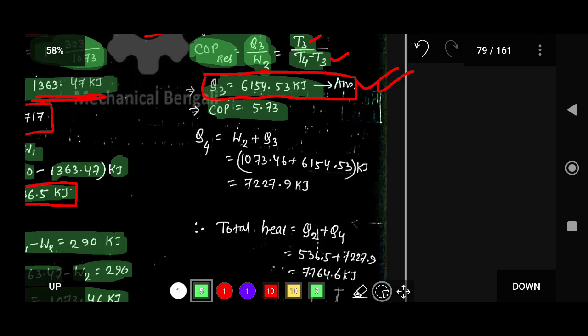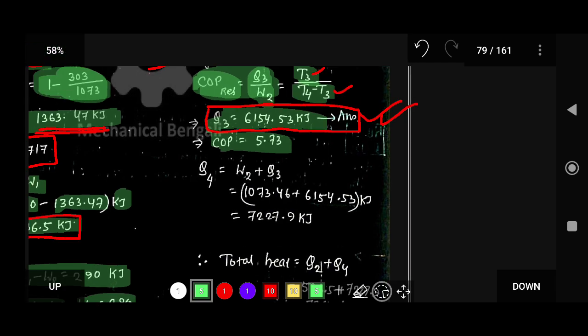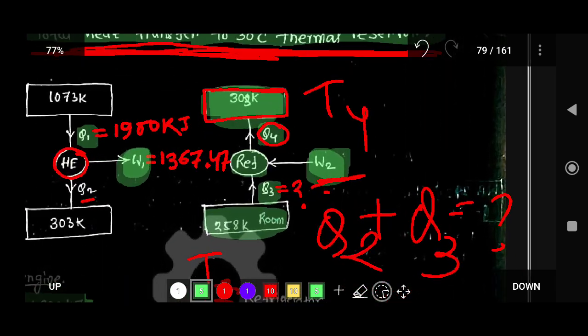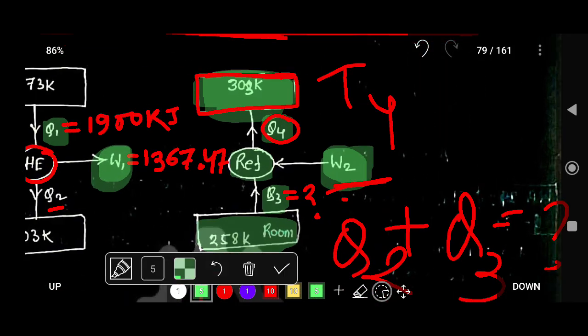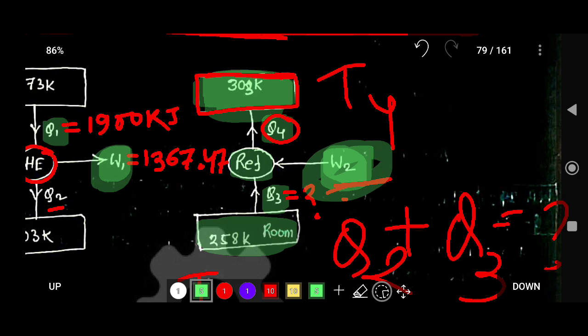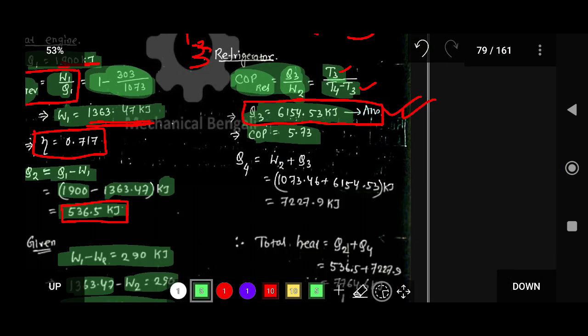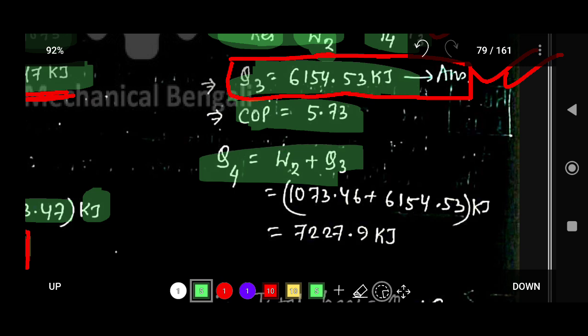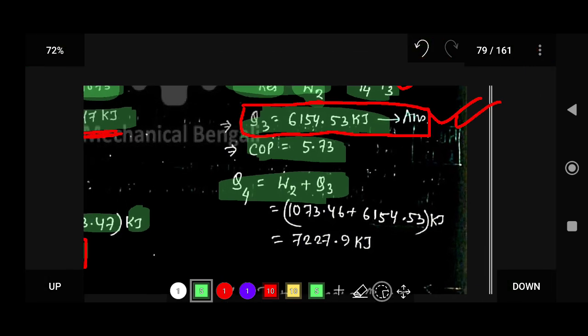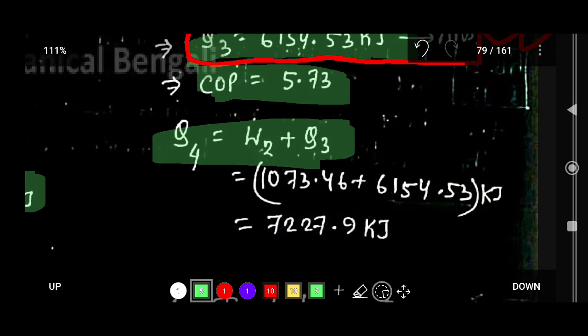Now from the first law of thermodynamics, here Q1, W1 is going, W2 is going to the refrigerator, and Q3 is going to the refrigerator, that is equal to Q4. So Q4 is equal to Q3 plus W2. So Q4 is equal to W2 plus Q3. What is the value of W2?